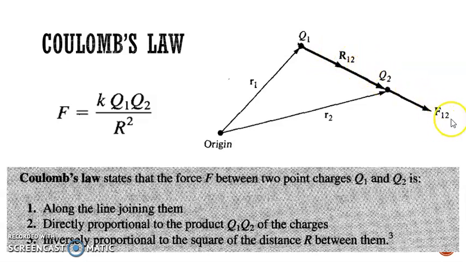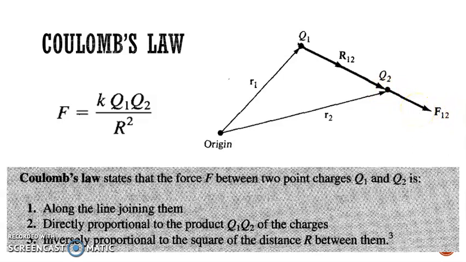The force is represented as F12, that means force by q1 on q2. Coulomb says that the force between these two point charges is always along the line joining the two charges. So that is the direction of the force.